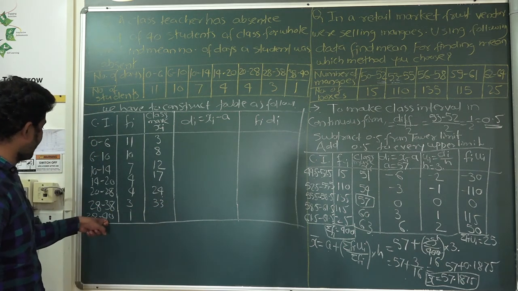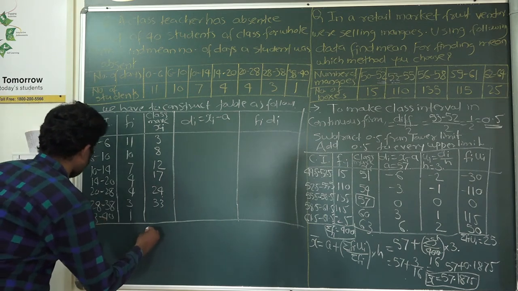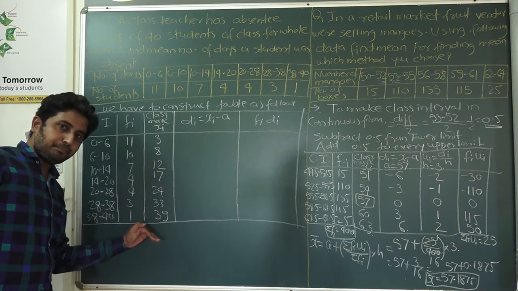And 38 plus 40 is 78, 78 by 2 becomes 39. So we get this column.